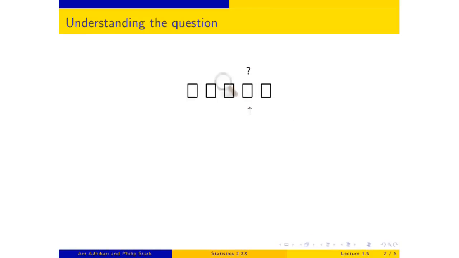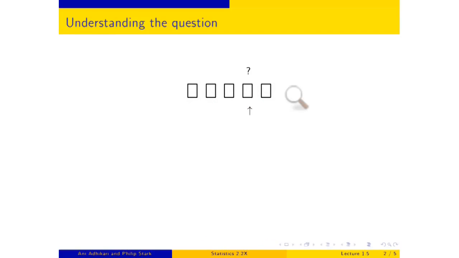Well, somewhere is the red ticket. We don't know where it is, because we've put the tickets face down. Where could that red ticket possibly be? Could it be here? Sure. Could it be here? Yes. Here? Yep. Here? Yes. What about here? Yes. That red ticket could be in any one of these 5 spots.